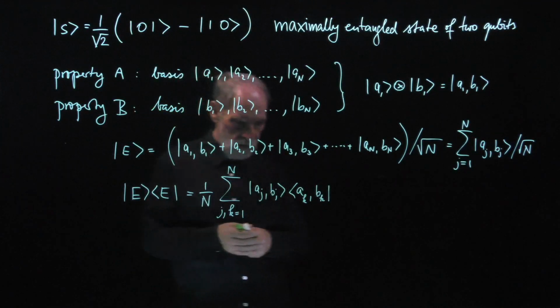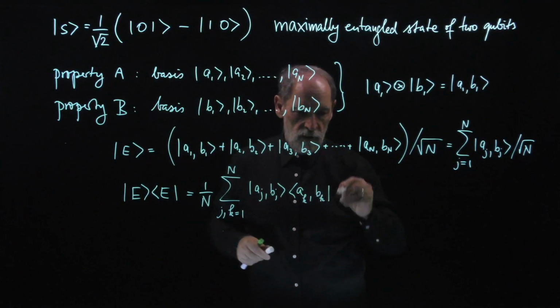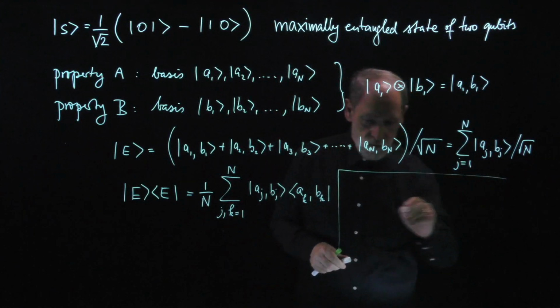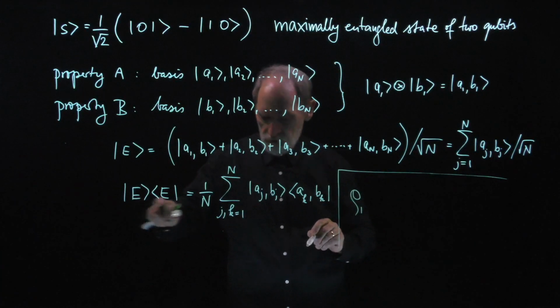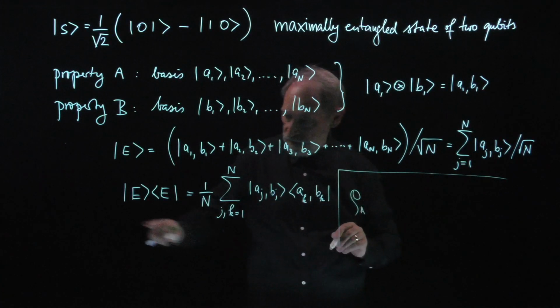So what does this ignoring mean? For the ignoring, we just look at the statistical operator for party 1 or party A all by itself.